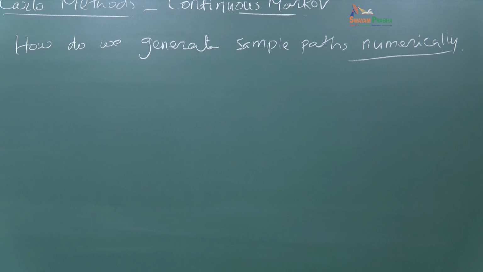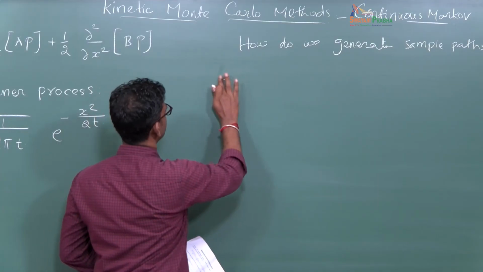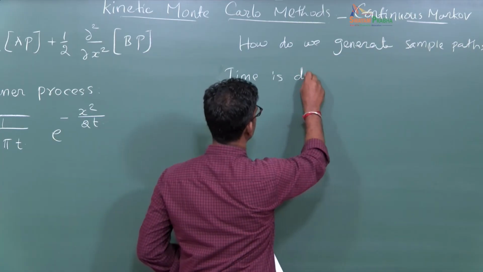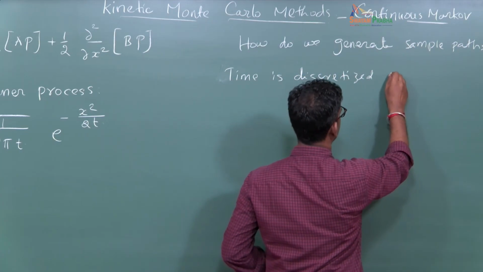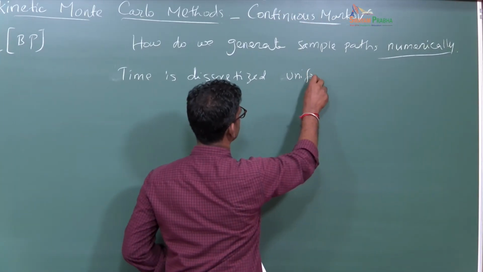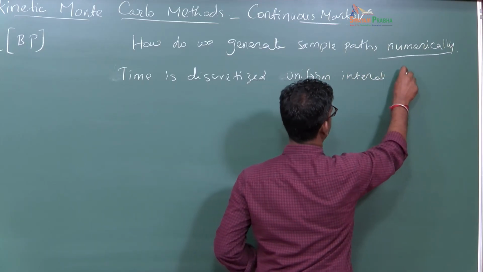So, let us say that we discretize time with a uniform interval delta t.